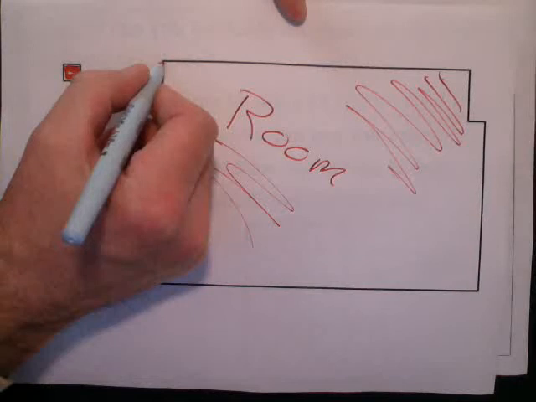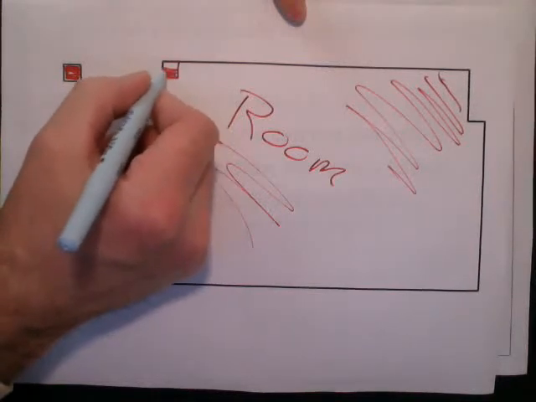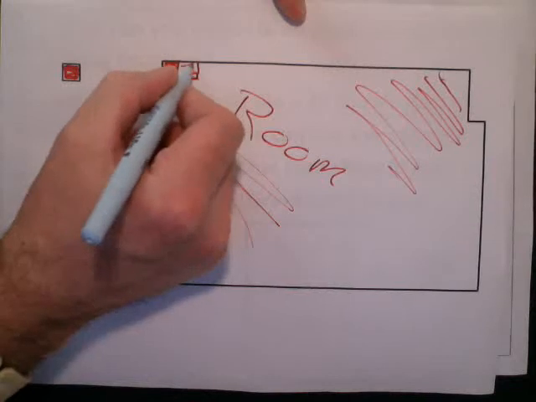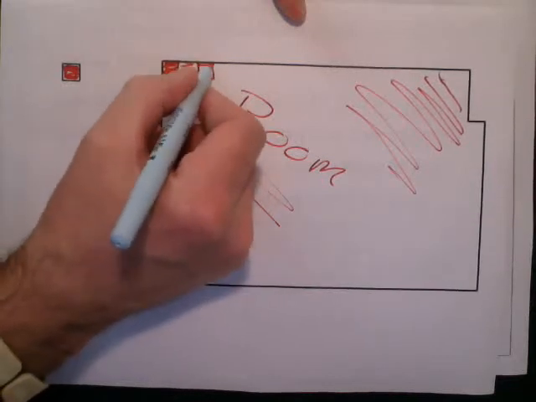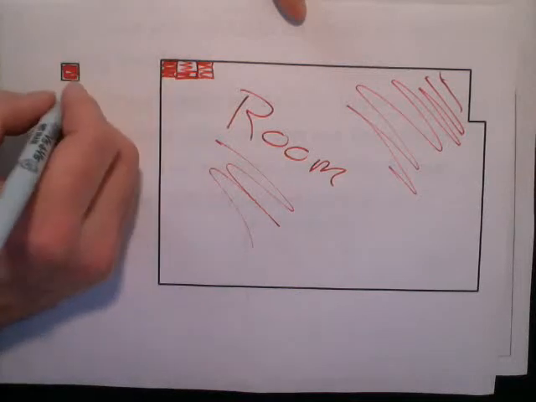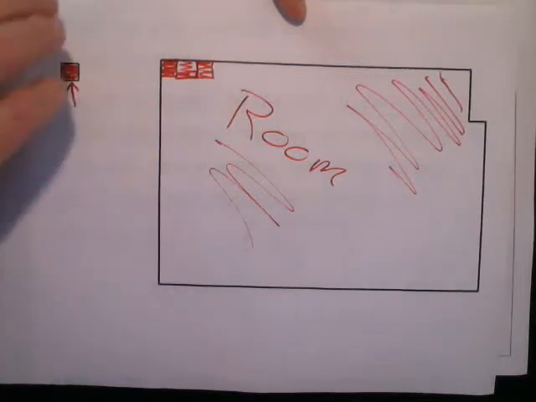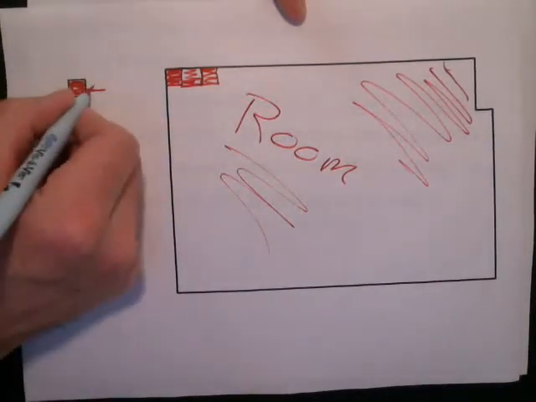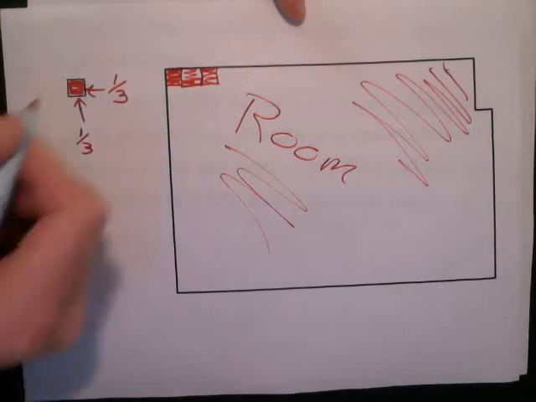So Mr. Grant has to figure out how many of those little tiles he needs to cover this entire area. Each one of these tiles is really small, and it's actually 1/3 of a foot by 1/3 of a foot.